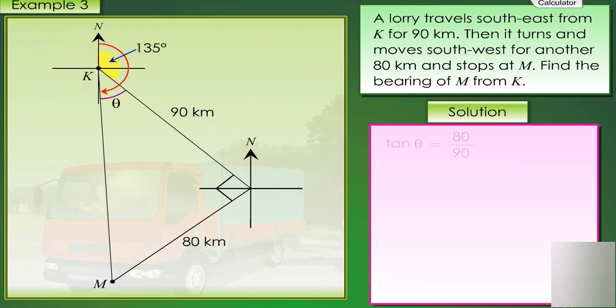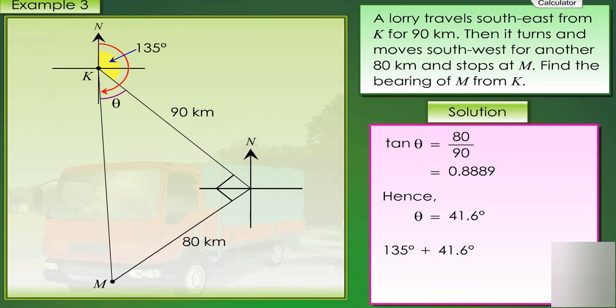So, by using the tangent function, we find the angle to be 41.6 degrees. 135 plus 41.6 equals 176.6. Thus, the bearing of M from K is 176.6 degrees.